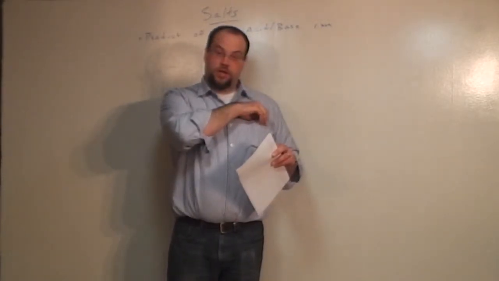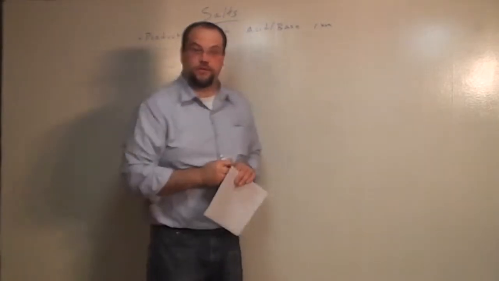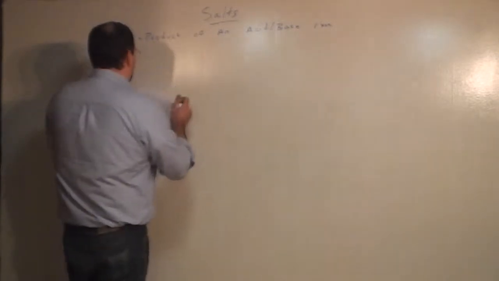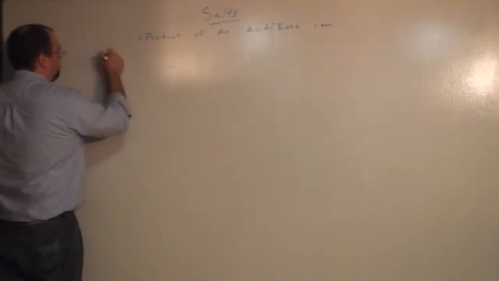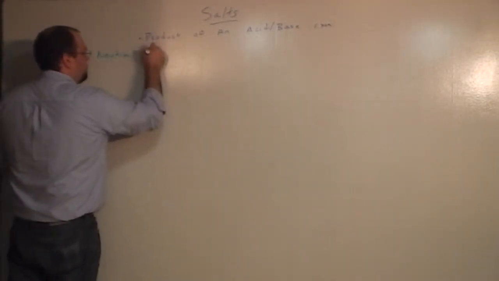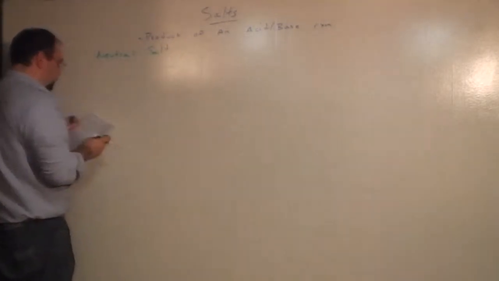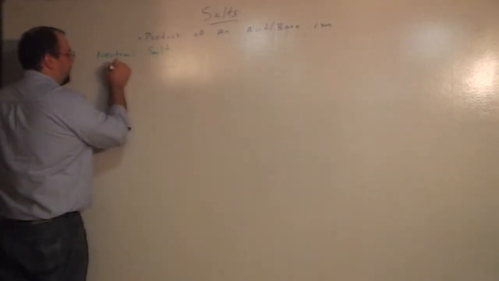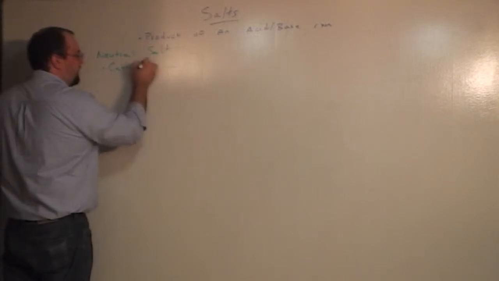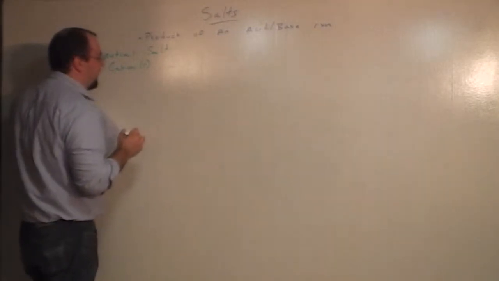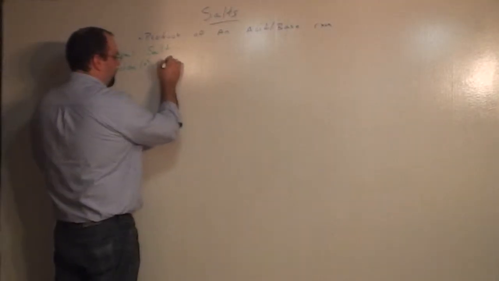So let's start with neutral salts. Okay, so a neutral salt, the cation, that's the positive ion, the cation is from a strong base.